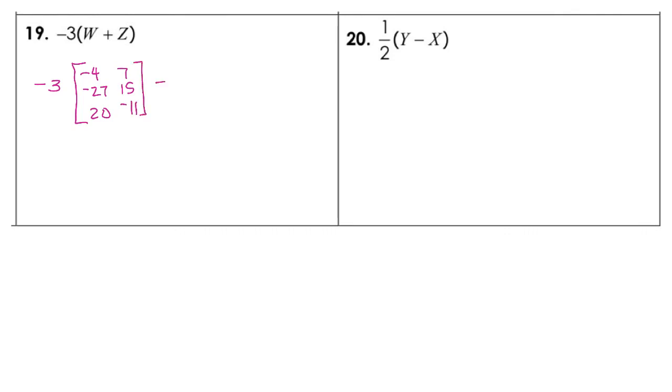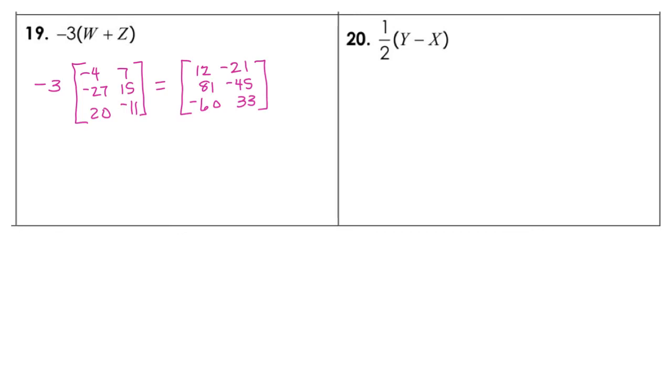Now you do need to multiply by your scalar, and so that's going to give us 12, negative 21, 81, negative 45, negative 60, and positive 33. And there's your final answer.